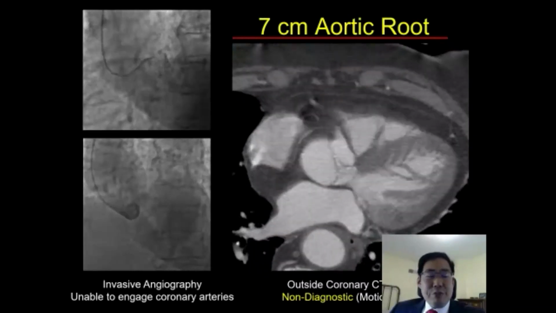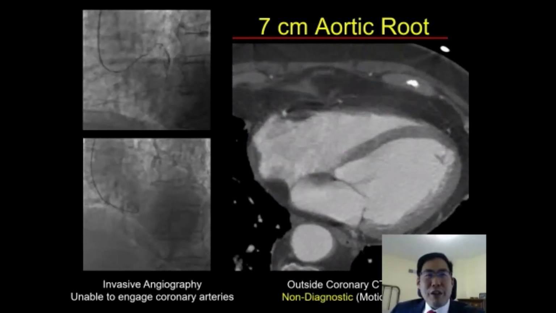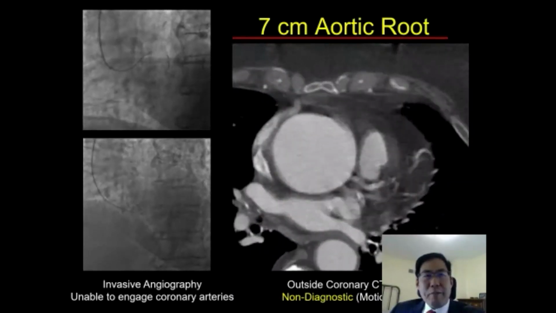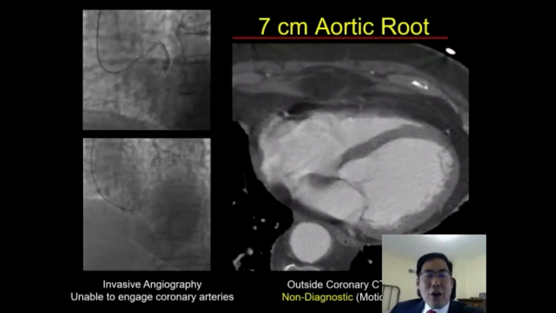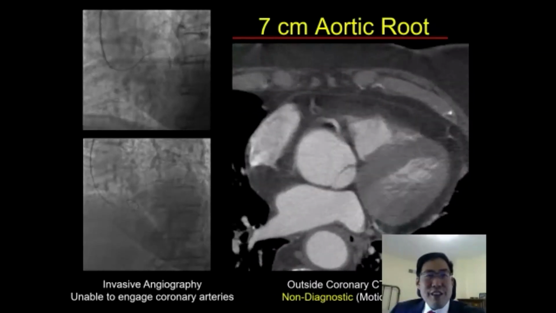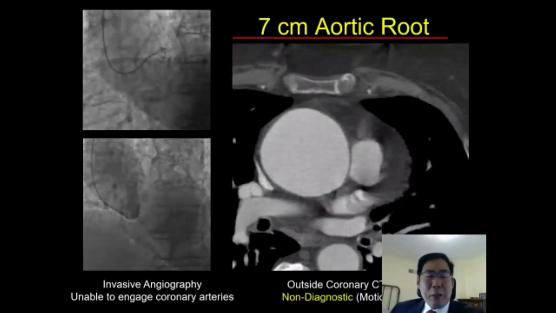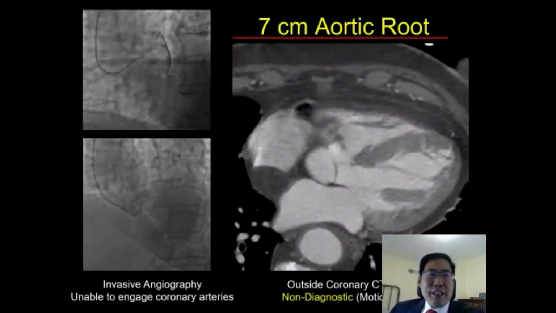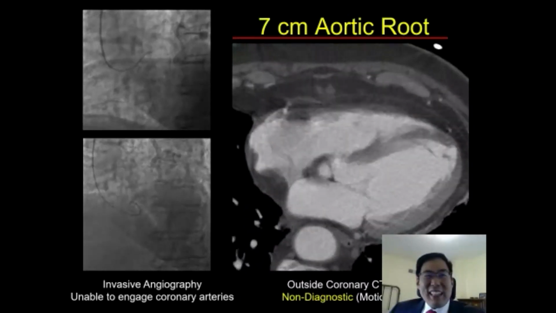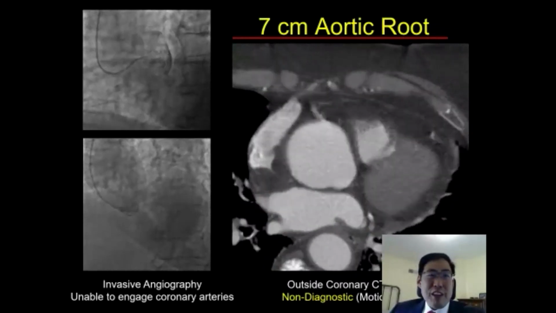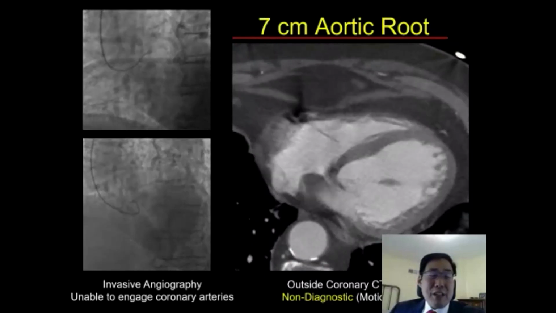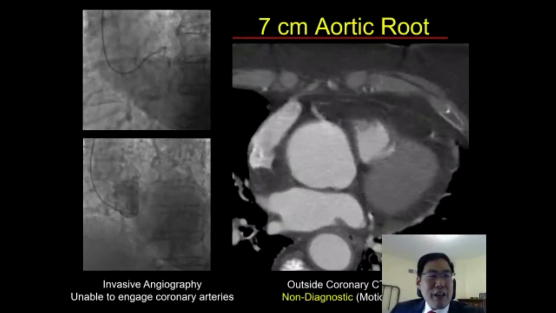So this outside hospital then proceeded with a cardiac CT. This was done on a 64-slice scanner. The heart rate was in the high 70s, and despite trying beta blockers, the study was basically non-diagnostic because of coronary motion artifact.